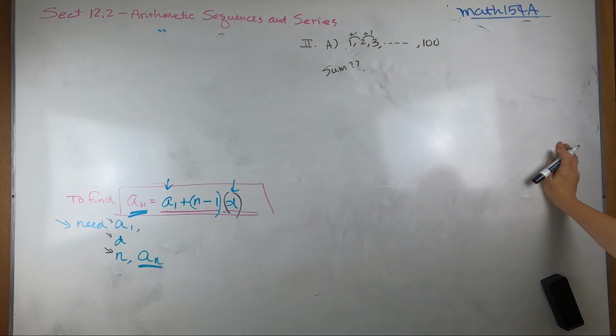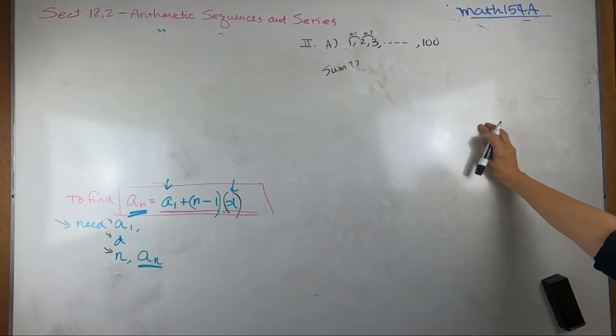There was a story about Gauss, a very famous mathematician, when he was in grade school. The teacher tried to keep him busy because he was way ahead of the class. He was bored, and the teacher asked him, why don't you add this up?